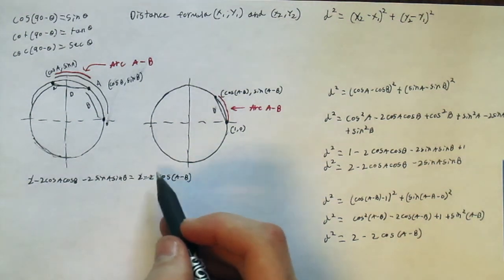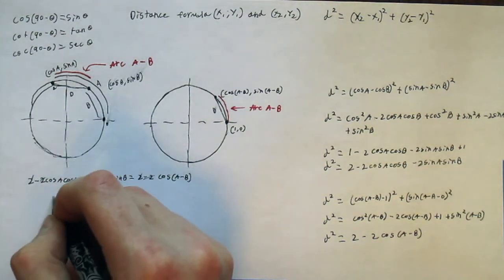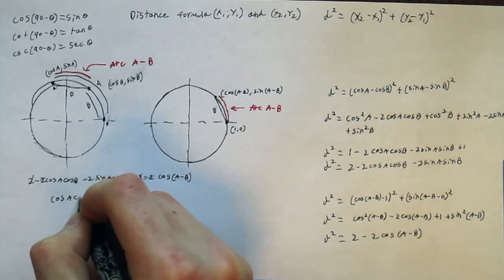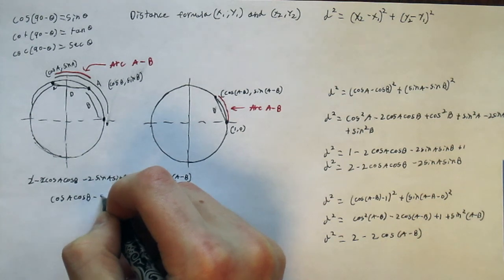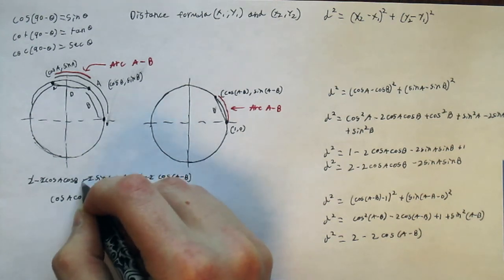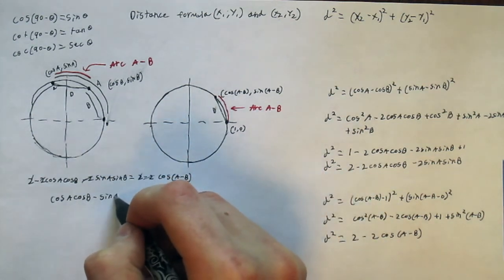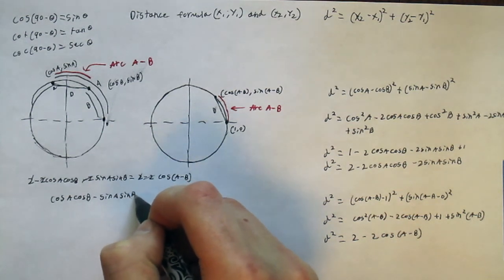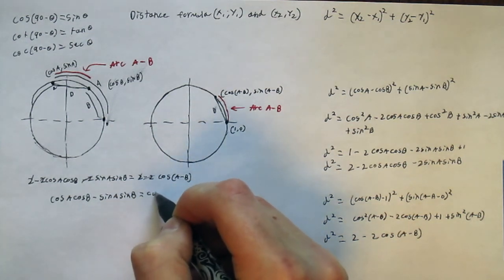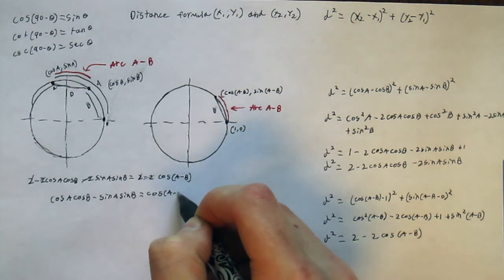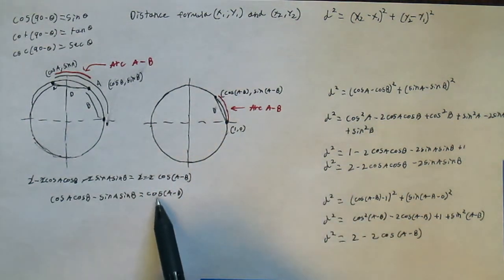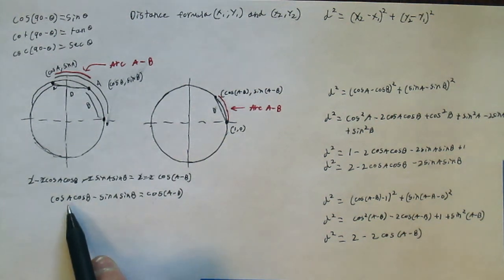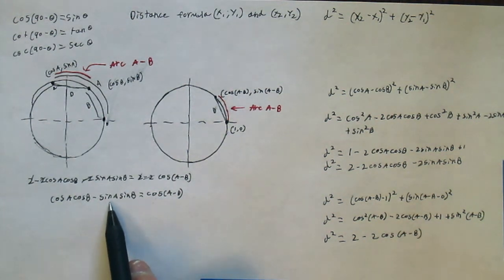So we get that cosine A cosine B minus sine A sine B equals cosine A minus B. There you have it. We've just proved that cosine A minus B is equal to cosine A cosine B minus sine A sine B.